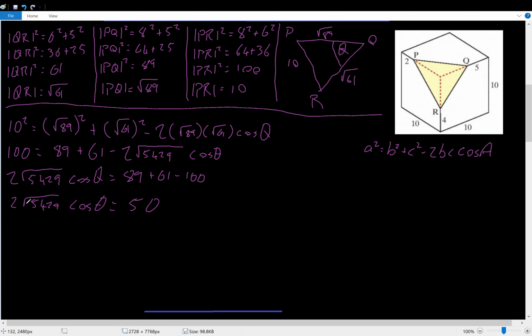Then we just do a little move. We're going to move the 2 root 5429 over. So the cos of Q is equal to 50 over 2 root 5429, which means that Q itself is going to be equal to cos inverse of that fraction.